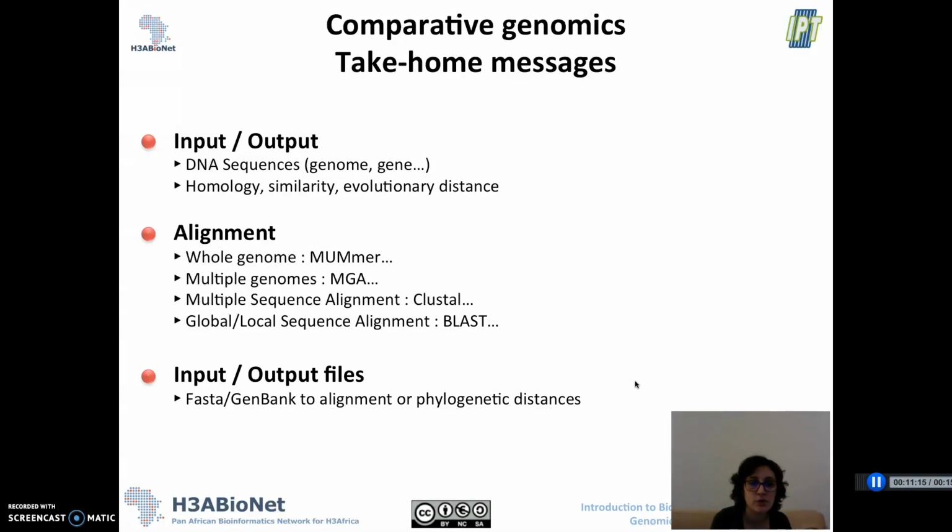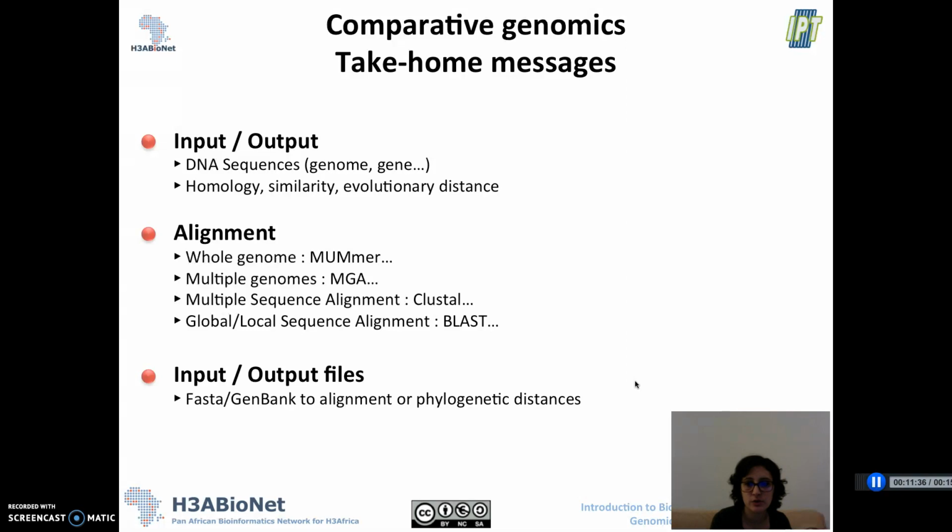So make sure that you understand these notions. I know I was a bit fast in explaining them, but I wanted you to have the whole picture of the essential terms that you would be encountering each time you open these kinds of browsers to retrieve information about a sequence.